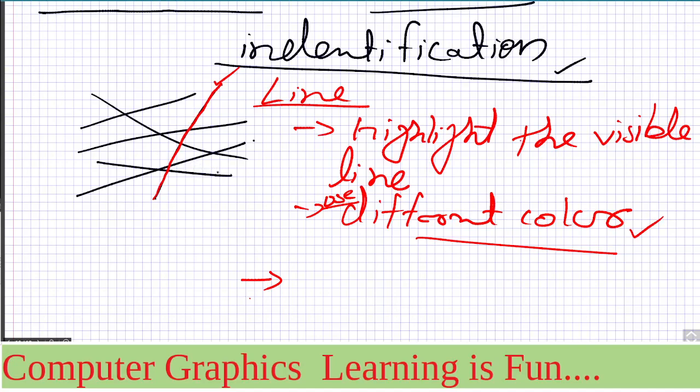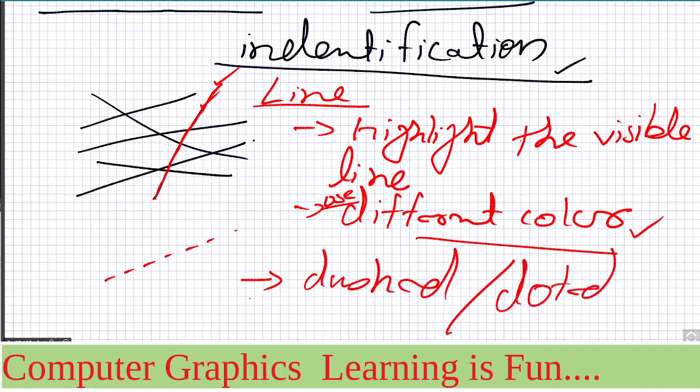However, these lines, all the other lines, you can make in a different way, like you can make them dashed lines, or dotted lines. Some distinction you can make between the visible line and the other lines. That may also be possible.